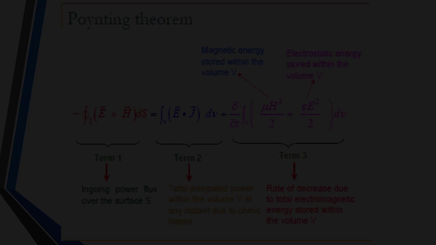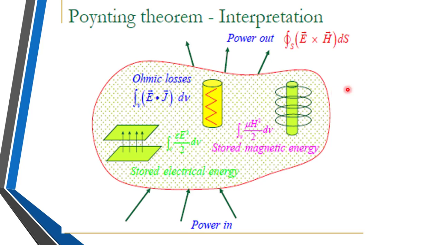So how to represent this equation? Whatever power is taken outside the system or the volume is nothing but the rate of decrease of ohmic losses and the rate of decrease of energy stored inside the volume, in terms of the magnetic field and the electric field. If there is a resistance present, there are ohmic losses.